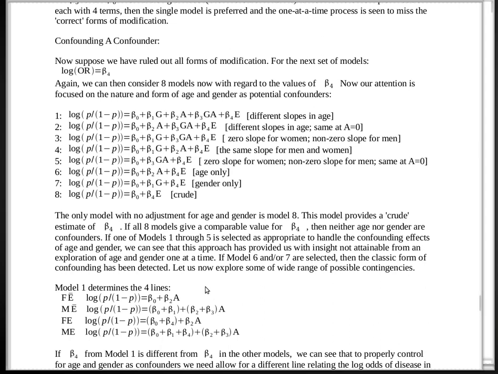So notice the only model with no adjustment is Model 8, the so-called crude in this instance. And Model 1 might still be very important in our understanding. So all 8 models give a value of beta 4. If all 8 models give the same value for beta 4, then that says that neither age nor gender are confounders.